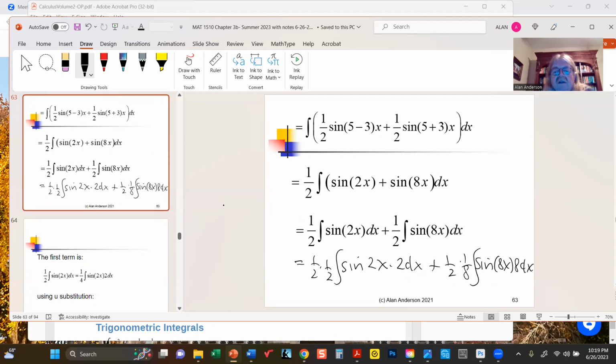In other words, here, u is 2x, du is 2 dx. And over here, u is 8x, du is 8 dx.